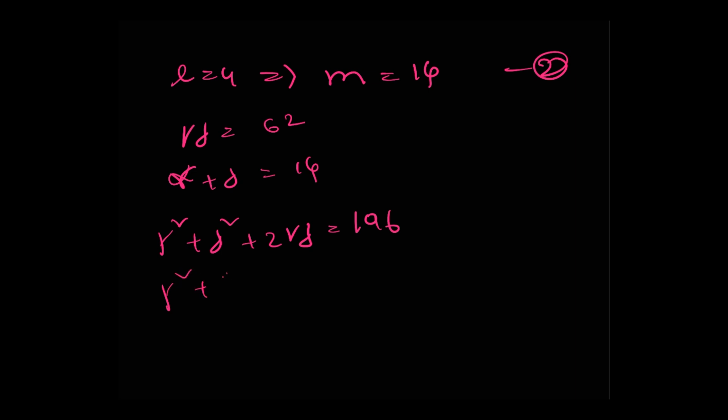Gamma square plus delta square minus 2 gamma delta equals 196 minus 4 times 62.